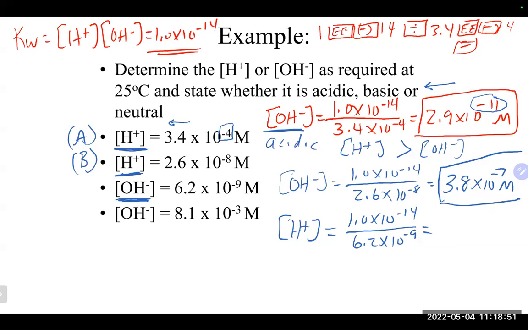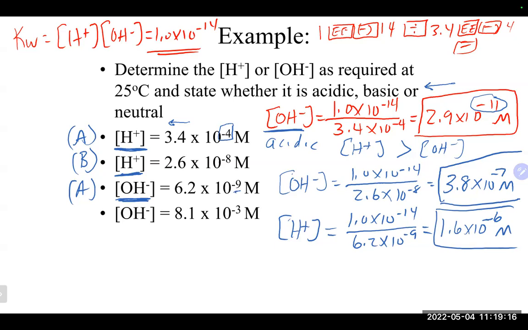It looks like 1.6 times 10 to the minus 6 on this one. That would make this one acidic. Again, our H plus concentration at minus 6 is larger than minus 9. You really can just look at the exponents. You don't have to actually look at the front part of the number.